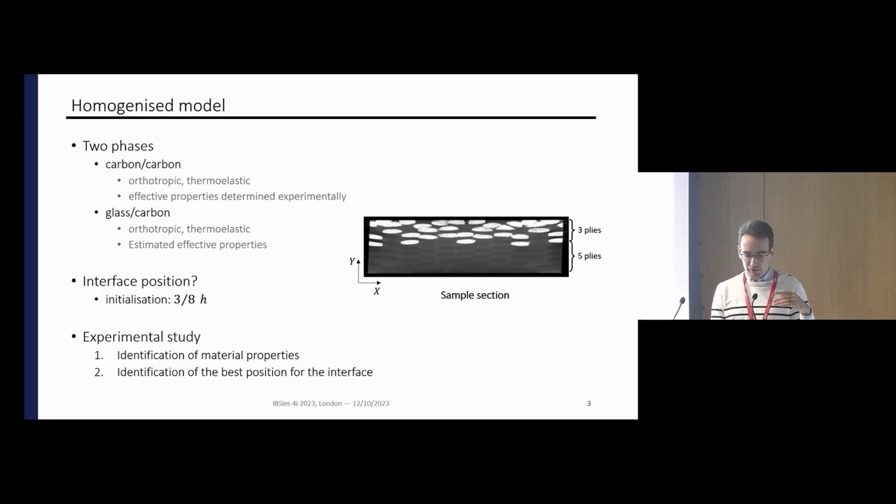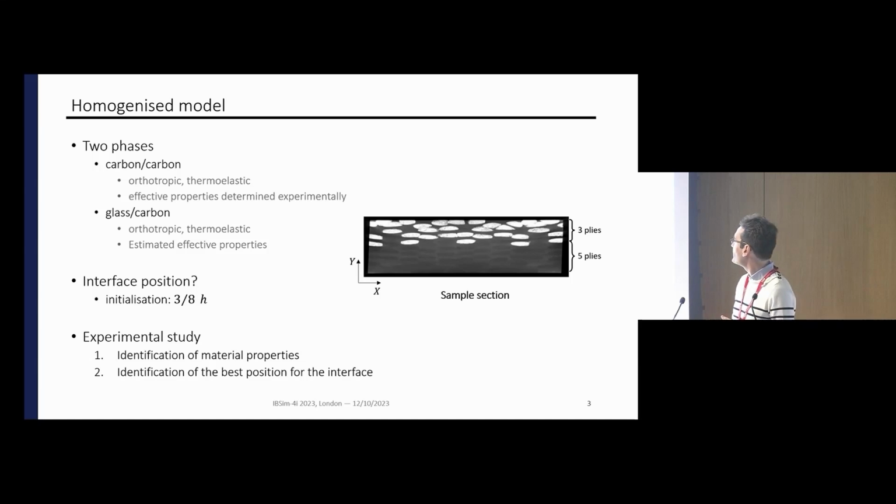And then for the definition of the interface, we chose something which is arbitrary but not too arbitrary, just counting the number of layers containing glass fiber and layers containing only carbon fiber, and we could see an interface separation between both.